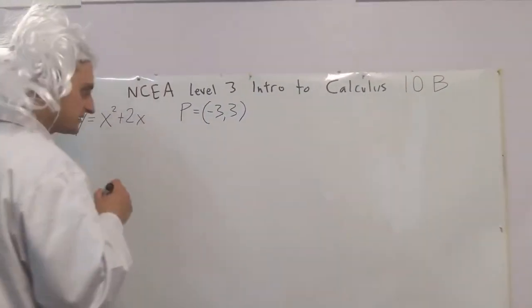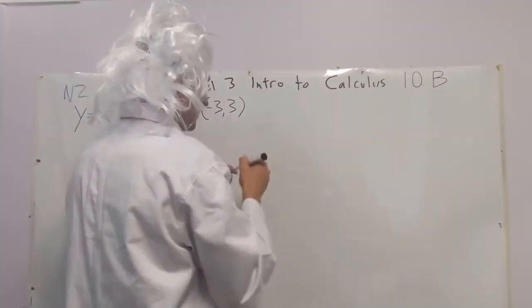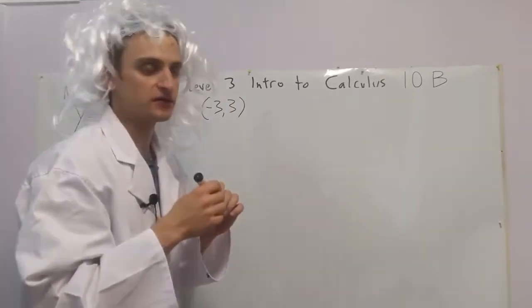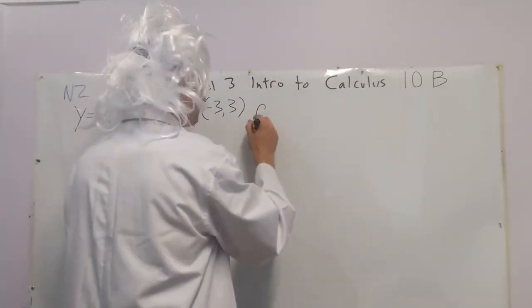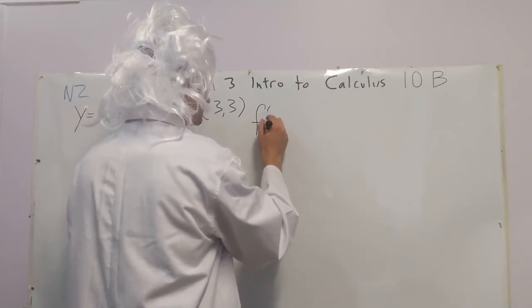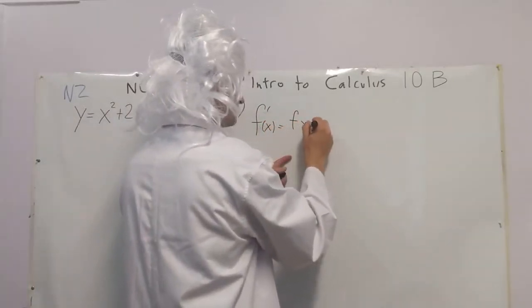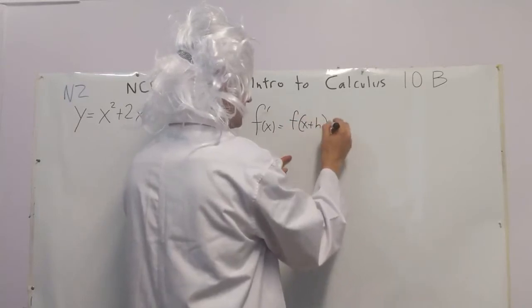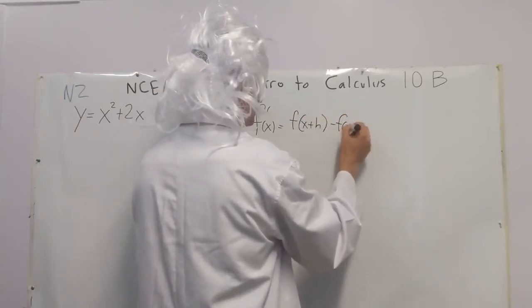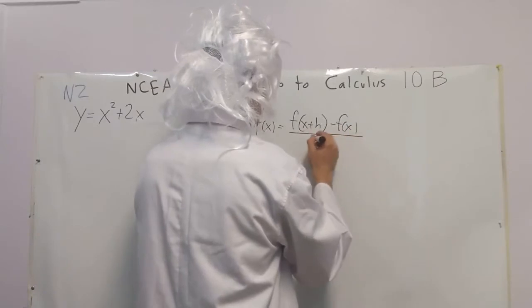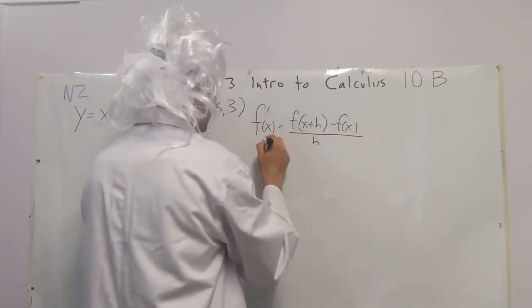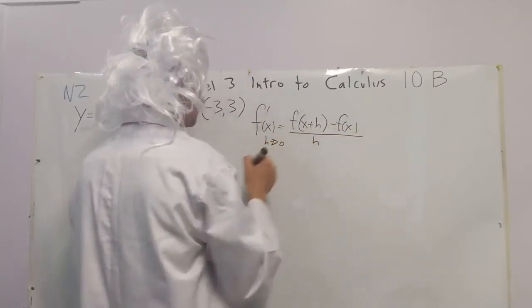So I'll just write the definition of the derivative really quick. F prime of x equals f of x plus h minus f of x, divided by h as h approaches 0.